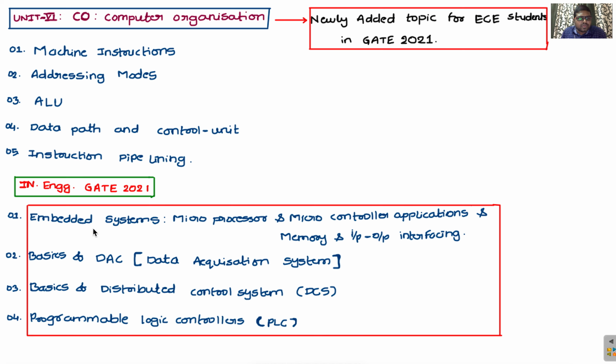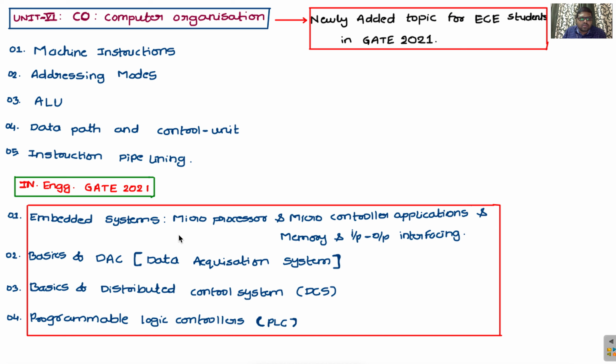So this is instrumentation engineering GATE 2021. These are the newly added topics in GATE 2021 for instrumentation engineering students, right? Embedded systems: in that they mention microprocessor and microcontroller applications, and memory and input output interfacing.